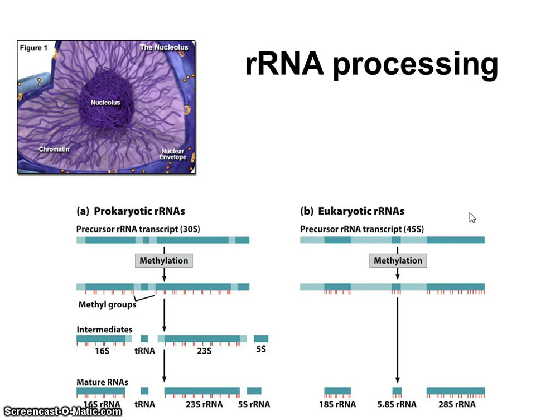The processing of ribosomal RNA is accomplished by another RNA molecule called small nucleolar RNAs, or snoRNAs. Nucleolar because they act in the nucleolus for rRNA processing, and they help assemble the ribosome.